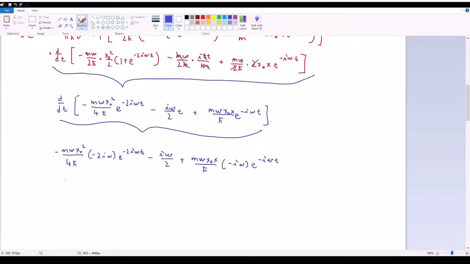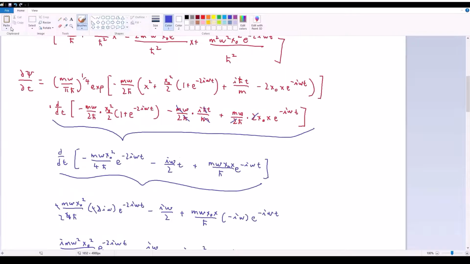If we simplify this a little bit, this is going to give us i m omega squared x naught squared over 2 h bar. Is that correct? Because the two negatives cancel and the 2 cancels out. So we have i m omega squared x naught squared e to the negative 2i omega t, subtracted by i omega over 2, and then over here we have minus i m omega squared x naught x over h bar e to the negative i omega t.